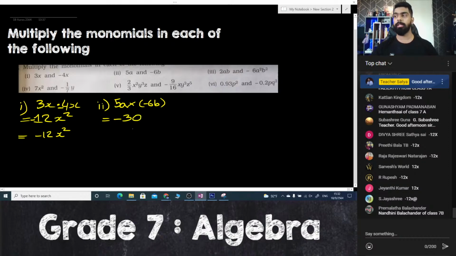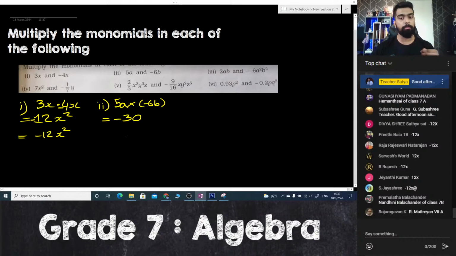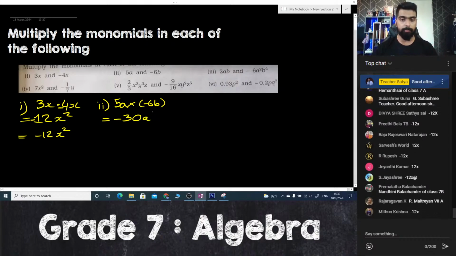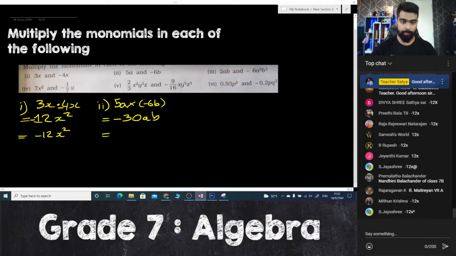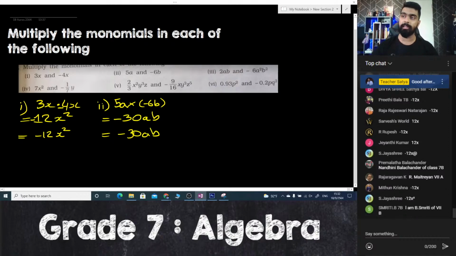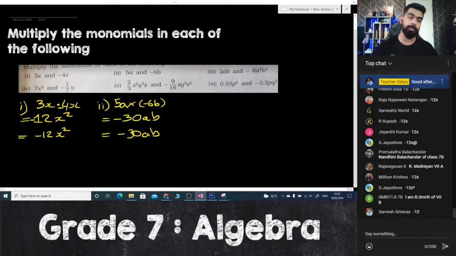And we are going to multiply the variables now. a multiplied by b is going to give us ab. So our final answer is negative 30ab, all right?